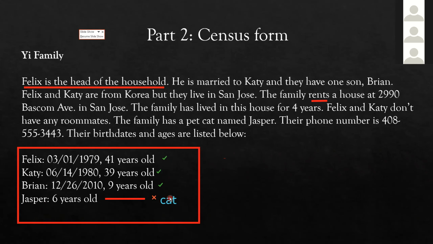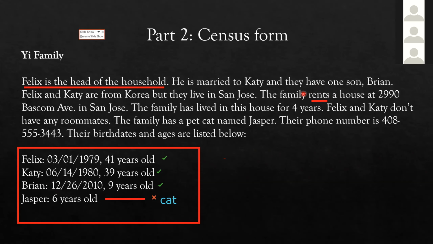Yes, there's only 3 people. 1, 2, 3. So that's the first question. Second question, does the family own or rent the house? Rent. Yep, right here. Rents.